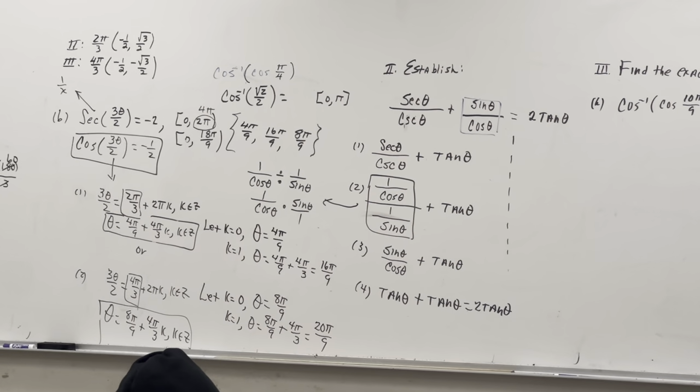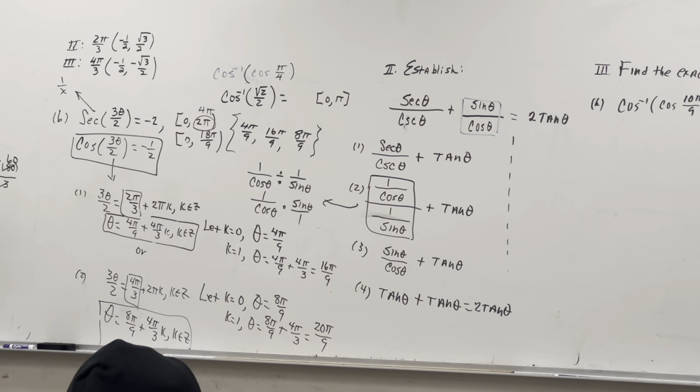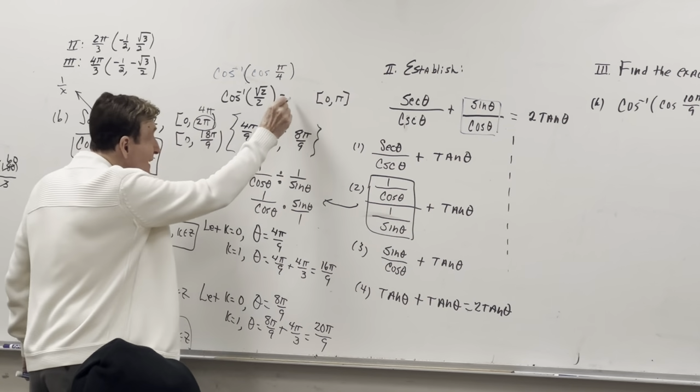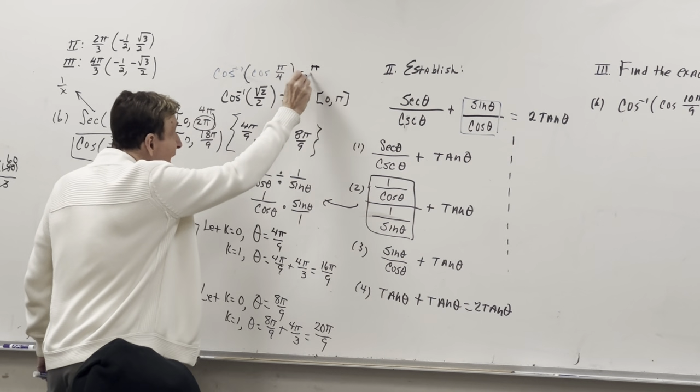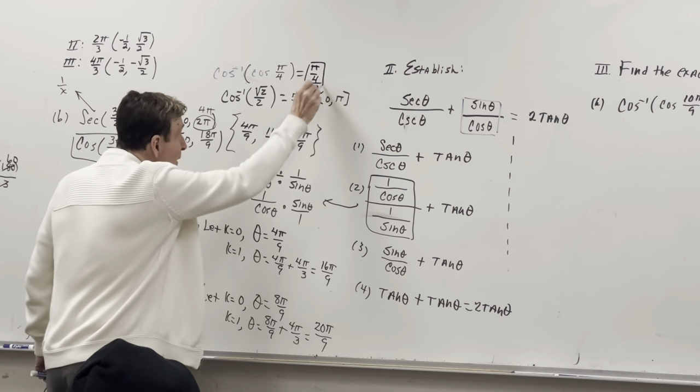Now, what angle have you seen on the unit circle whose cosine is radical 2 over 2? They want the angle. Is it pi over 4? Right? And does it fall between 0 and pi by the constraint? So this is pi over 4, and it's beautiful. They match up.